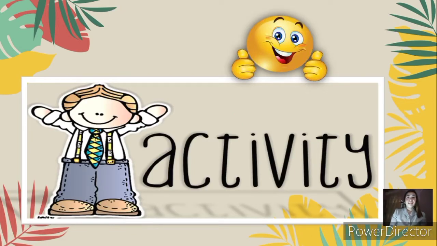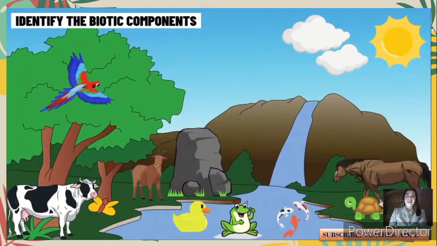Now we have an activity. I want you to get your science activity notebook. You are going to identify the biotic and abiotic components of an ecosystem. Are you ready? Alright, you start. Take a look at this picture.